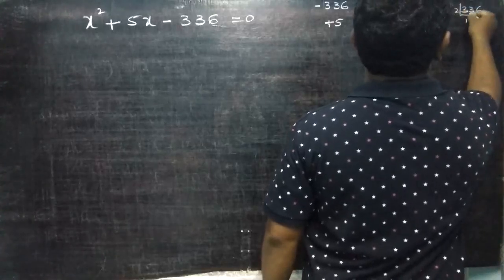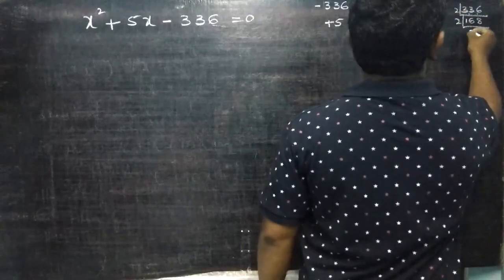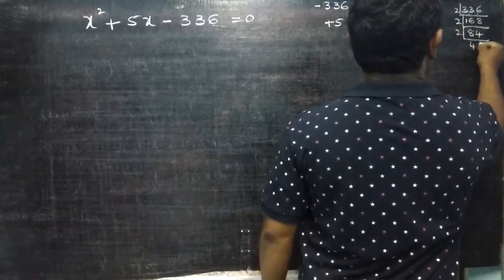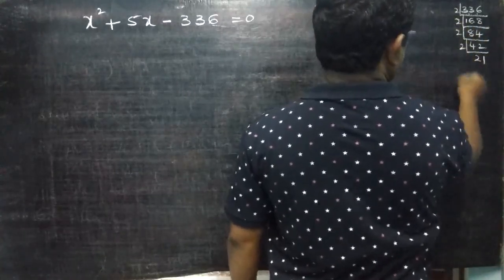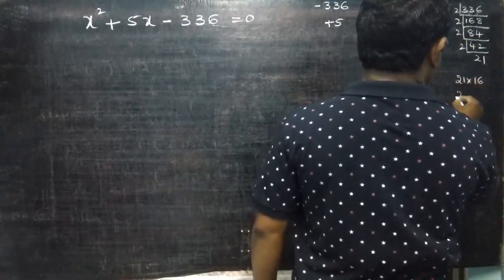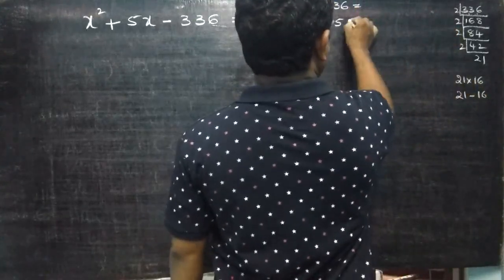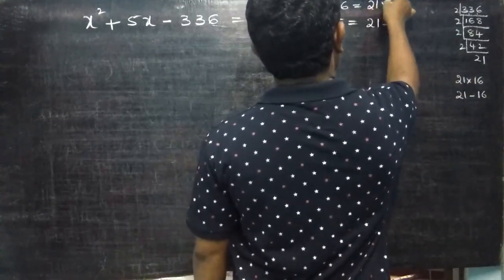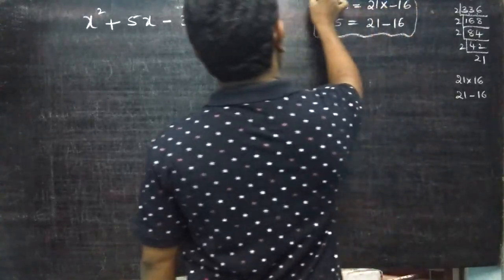Again 2 table, 2 1s are 2, 2 6s are 12, 2 8s are 16, 2 4s... 42 times, 21 times. Here you got 16 and 21. 21 minus 16 is 5. So in such a way we have to take 21 and minus 16. These are the factors which satisfy the given problem.